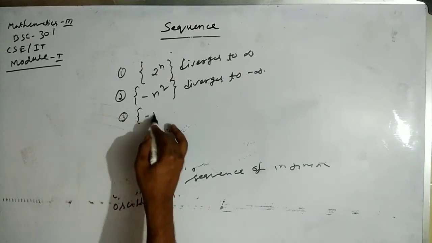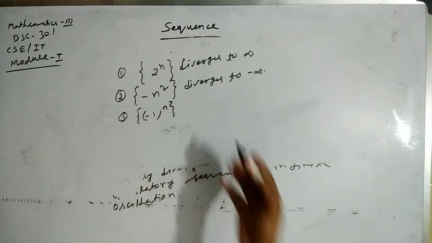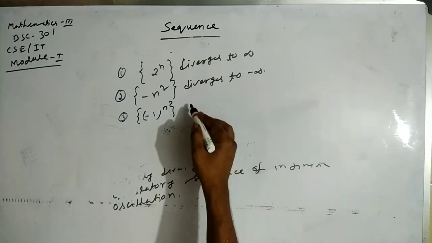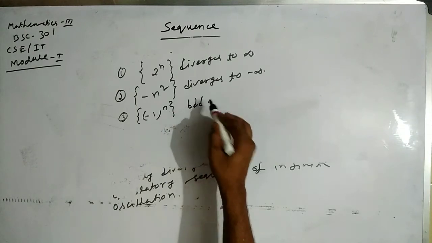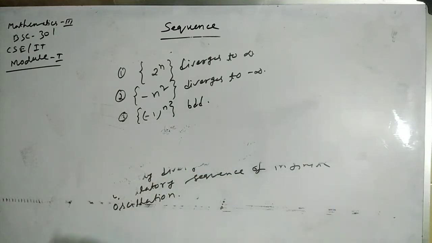Number 3, minus 1 to the power n. Okay, this sequence looks like minus 1, plus 1, minus 1, plus 1. I have discussed this sequence, and this sequence is bounded. We know that supremum is plus 1, infimum is minus 1. But we have seen that this sequence is not convergent.